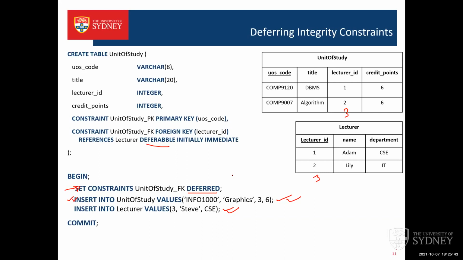Someone is asking, if it is not marked as deferrable, can I change it to defer? No, we cannot do that. You first have to mark this one as deferrable. If you don't write it as deferrable, you will not be able to change it later. Deferrable means yes, you can change that one.